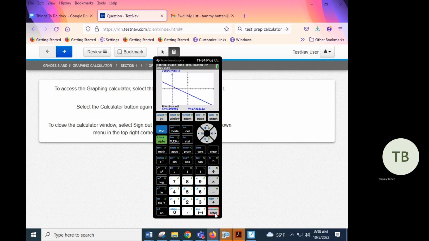So you use your right key, move that so it's to the right of that x-intercept, hit enter. And now it's saying to guess what you think that point is. I never guess. I just hit enter again. And this is our answer for the x-intercept. It's -4, 0. So really what it is is -4.